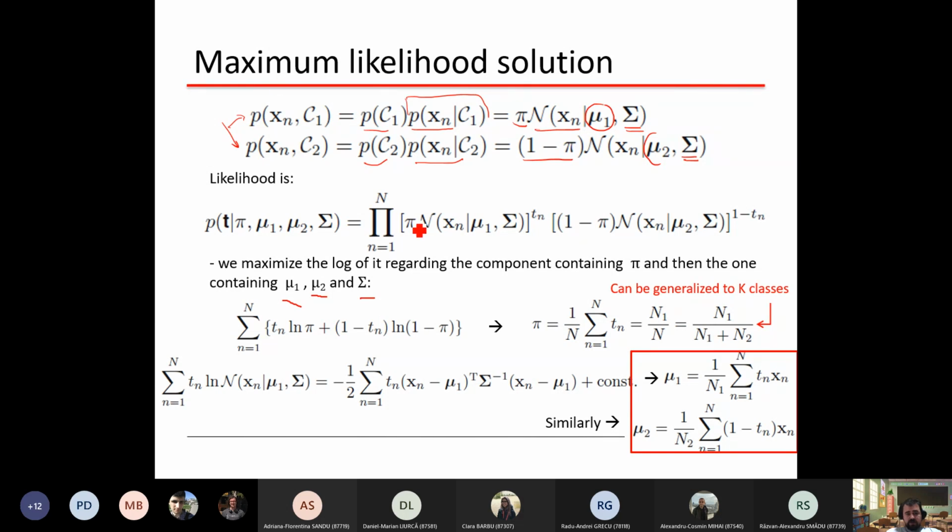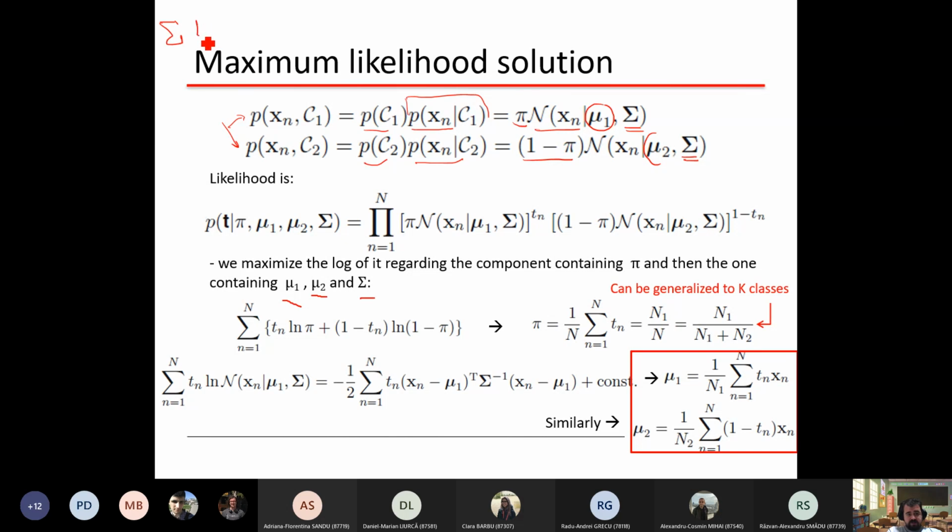So first, we compute the logarithm, and it will be a summation because the product transforms into a summation.